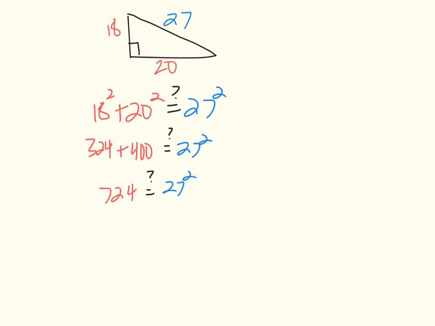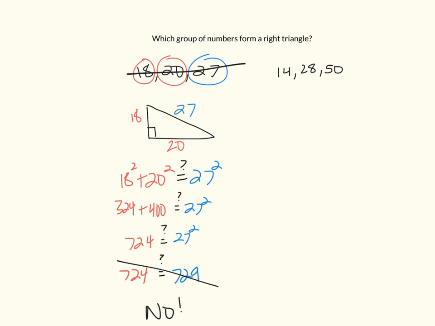Well, let's find out. 27 to the power of 2 is 729. And is that the same as 724? No, it's close, but for this to be a Pythagorean triple, those would have to be exactly the same. So that is not a Pythagorean triple.